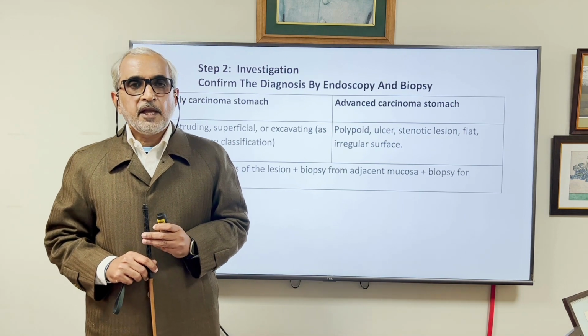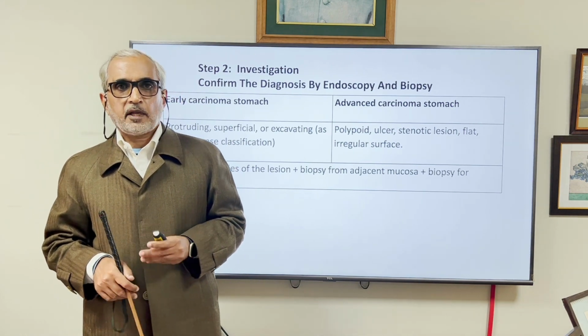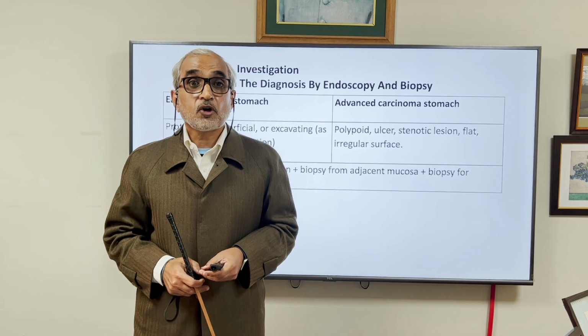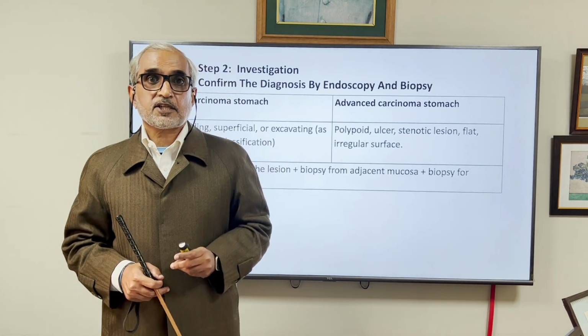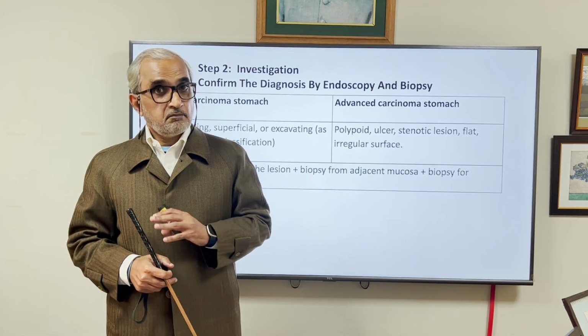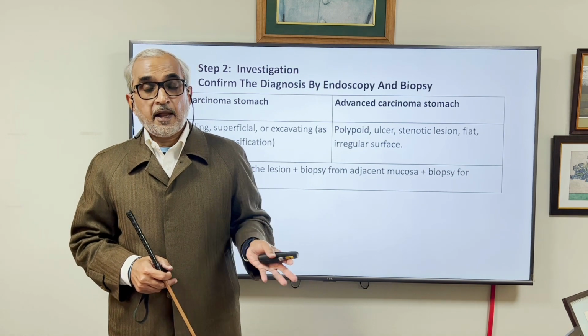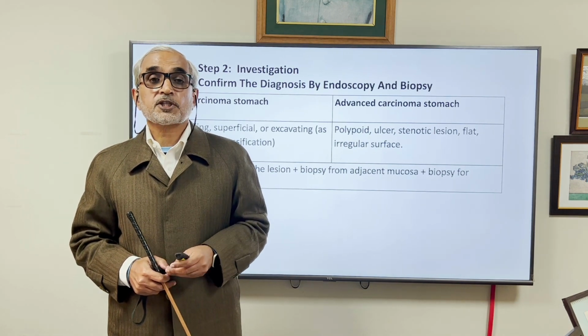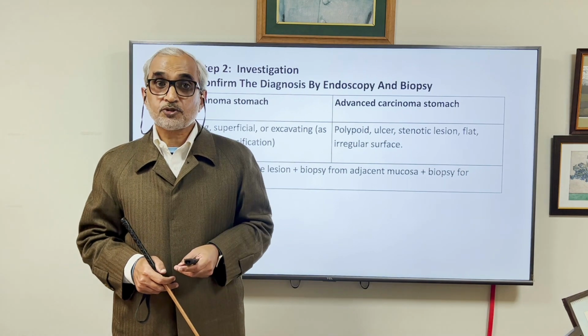Now mind you, if there is a gastric outlet obstruction and the stomach is distended, it is always good to empty the stomach first by putting in a nasogastric tube and cleaning everything out before subjecting the patient to endoscopy.